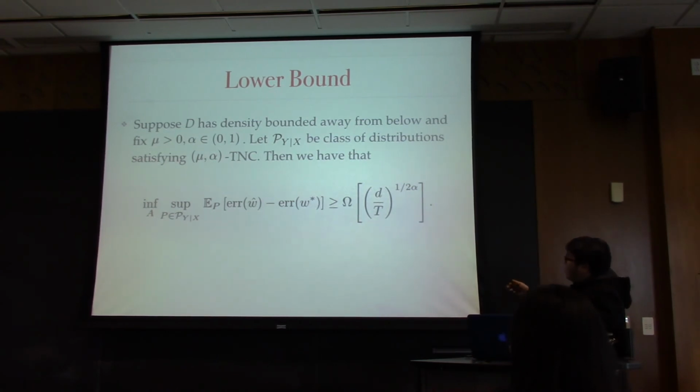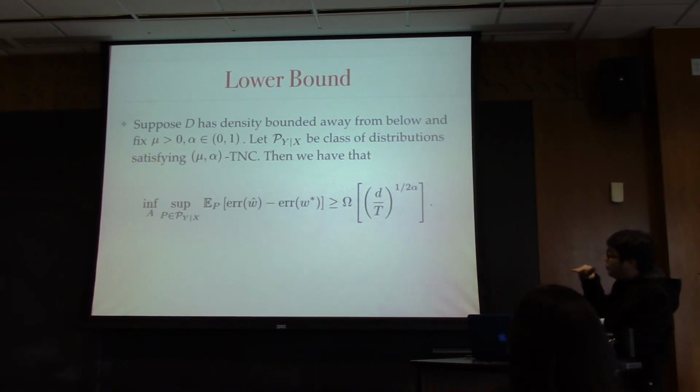So this matches our upper bound up to polylogarithmic factors. This lower bound is proved for a narrower data distribution class, so D can be uniform, and actually this bound holds for the membership synthesis query model too. So it is a stronger lower bound than the lower bound in existing literature.